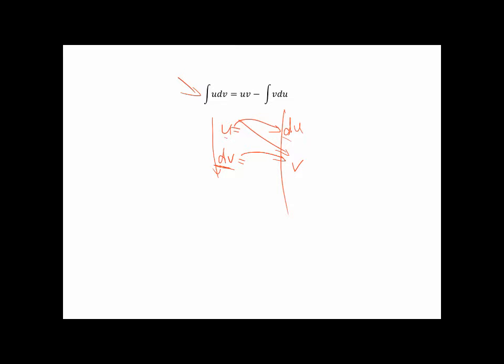Let's see problems to apply this. As I said, in this video we're gonna focus on the trig formulas. So the problem's gonna look quite similar to this: arcsine, arctangent, secant square, something like that.